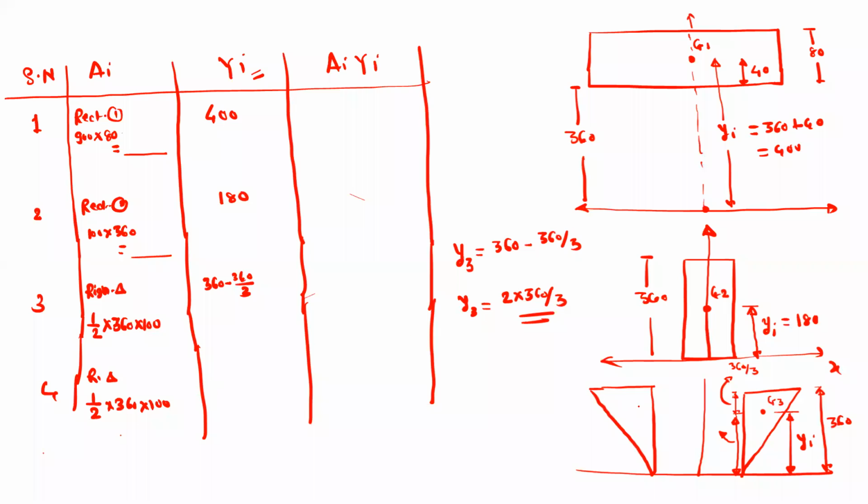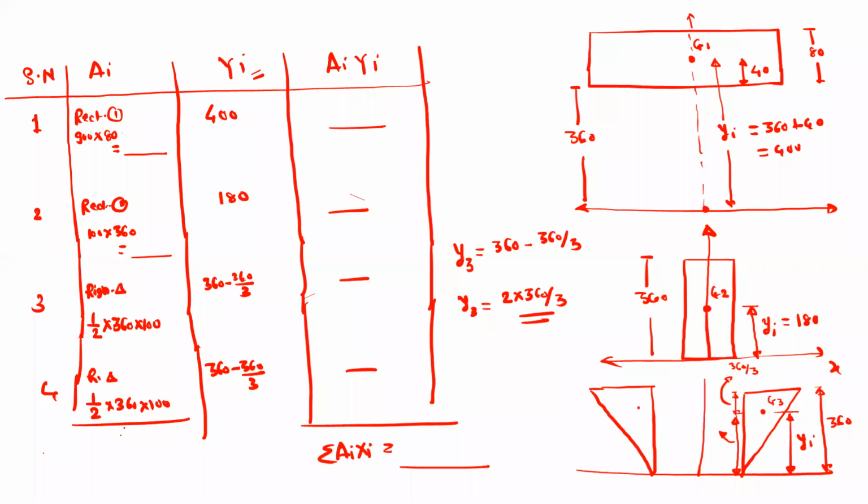And for the last right angle triangle, yi is the same. Then find out this product, get this summation AiXi and get this summation of area. And then find out the y coordinate. That is the y coordinate.